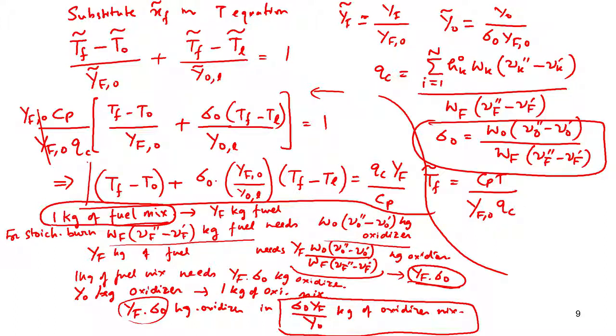Now, going back into this, what is this doing? This is considering per kg of fuel mixture. So, if you have 1 kg of fuel mixture, this is the amount of heat being released, okay, which is the standard heat release in 1 kg of mixture, UC times YF, and that is doing what? That is heating up 1 kg of the fuel mixture from T0 to Tf, okay, and it is also heating up exactly the amount of oxidizer mixture that is required for stoichiometric burning.